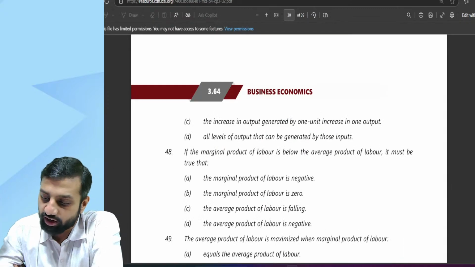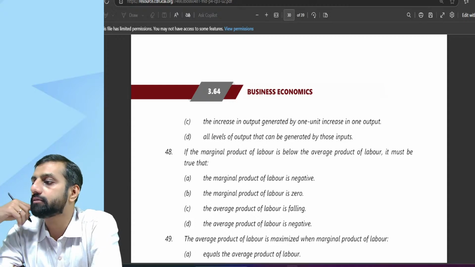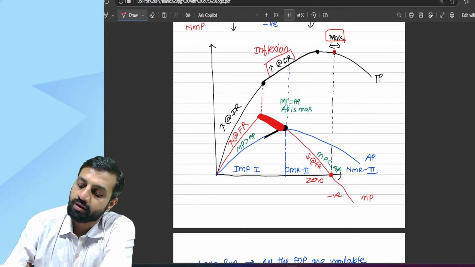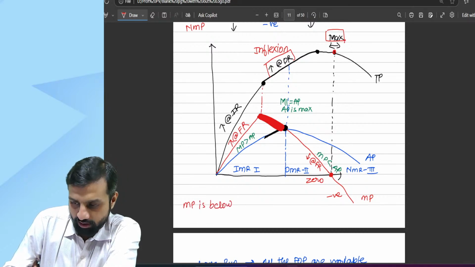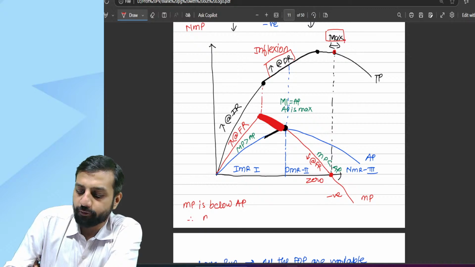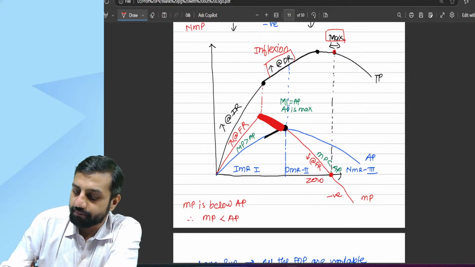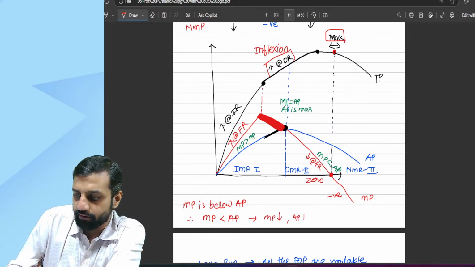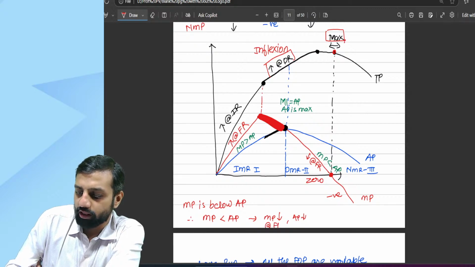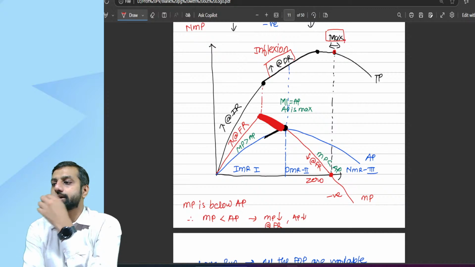So Surya, your answer will be that the marginal product of labor is falling, because they have said MP is below AP. Therefore, MP is less than AP. When MP is less than AP, MP falls, AP falls, but MP falls at a faster rate. Therefore, MP curve is completely below the AP curve.